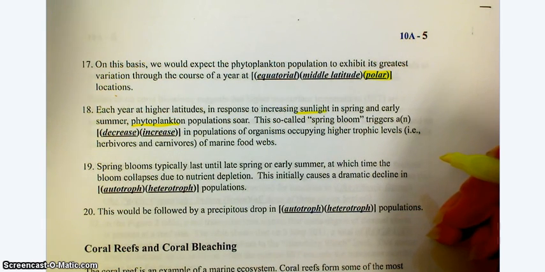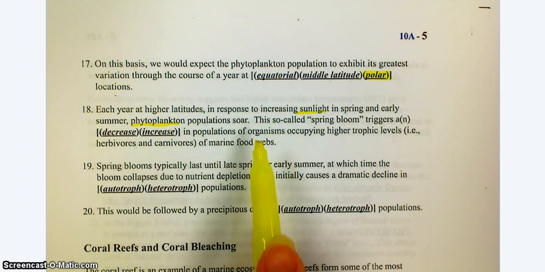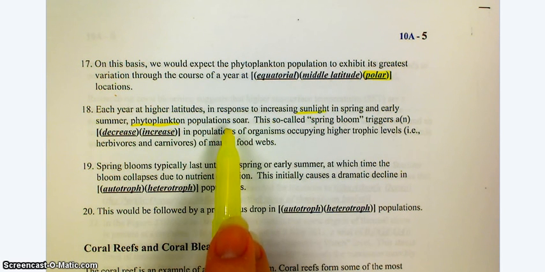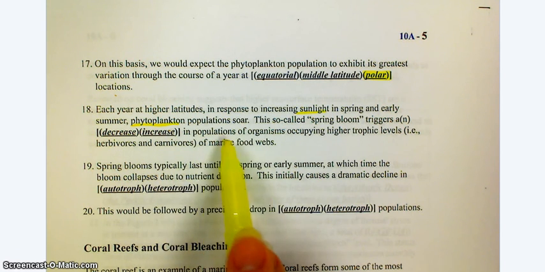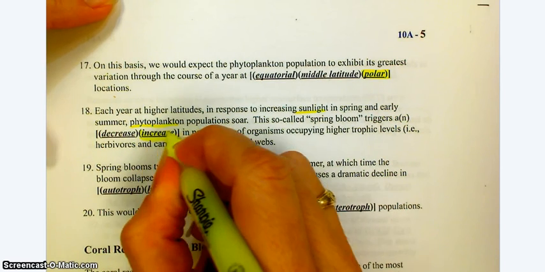And remember, once you have lots and lots of phytoplankton, which are your producers, then you can support lots and lots of consumers, lots of heterotrophs. Okay? So, when you get this spring bloom and you get lots of phytoplankton, it's going to trigger an increase in the populations of organisms at higher trophic levels. Okay?